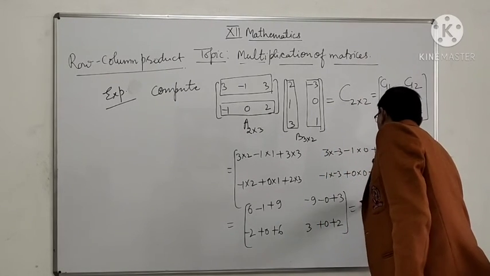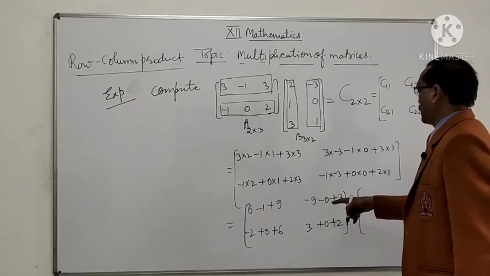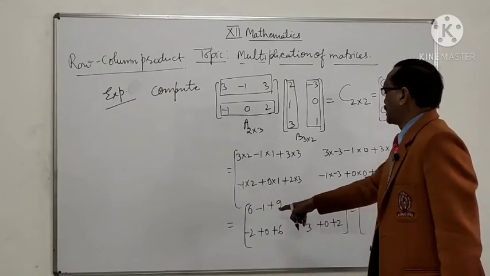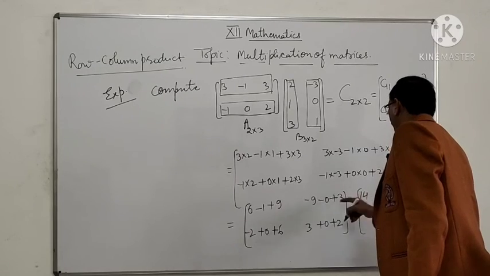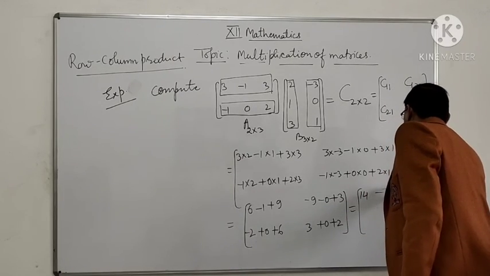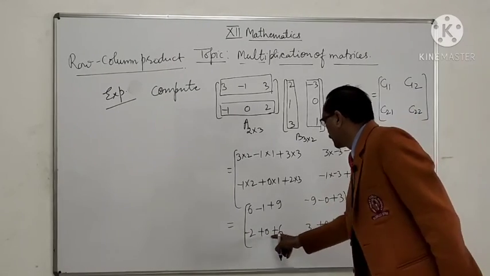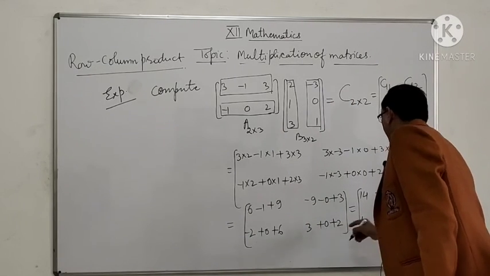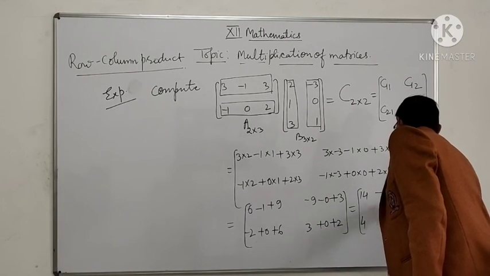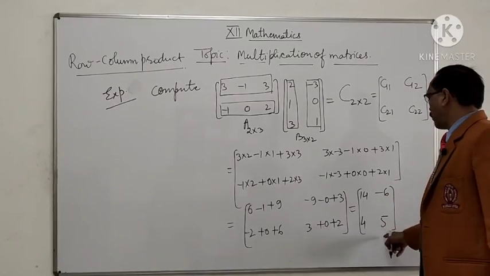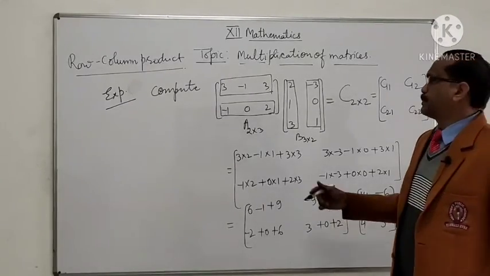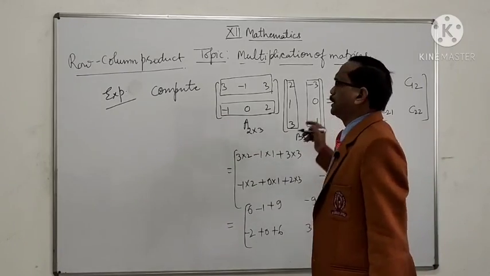So the answer is: 6 plus 9 is 15, minus 1 is 14, minus 6, plus 4 and plus 5. Student, this is the C matrix of order 2 by 2. This way we will multiply these two matrices.